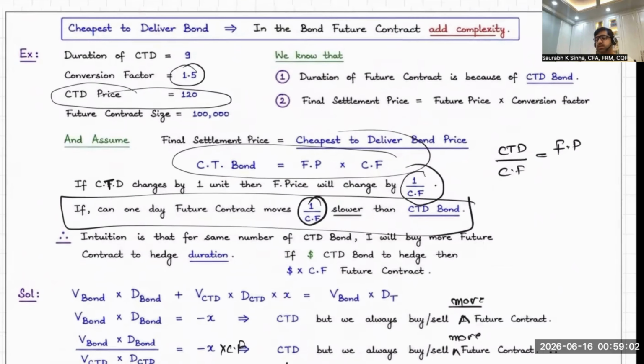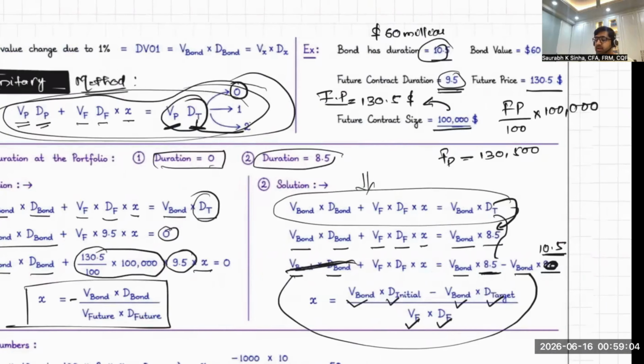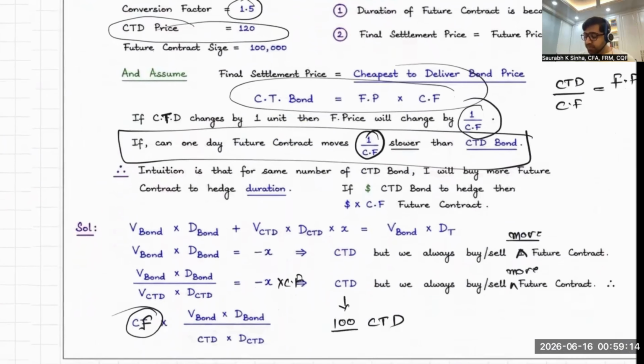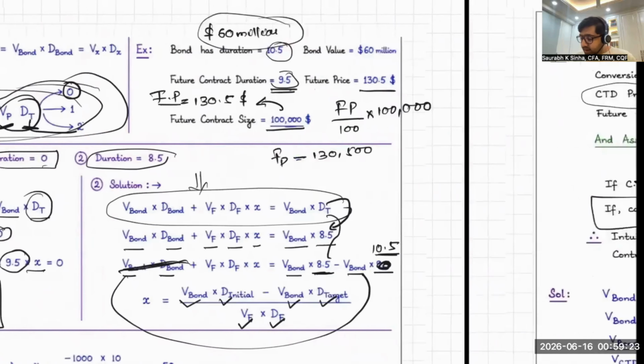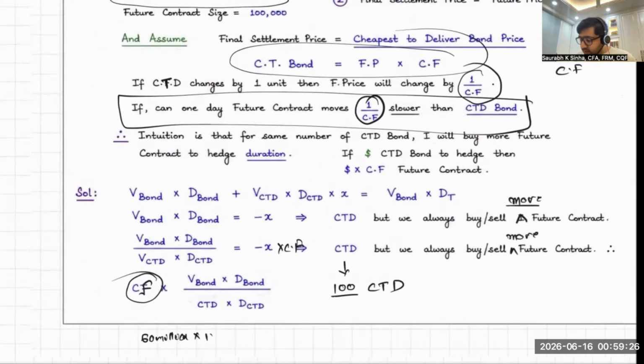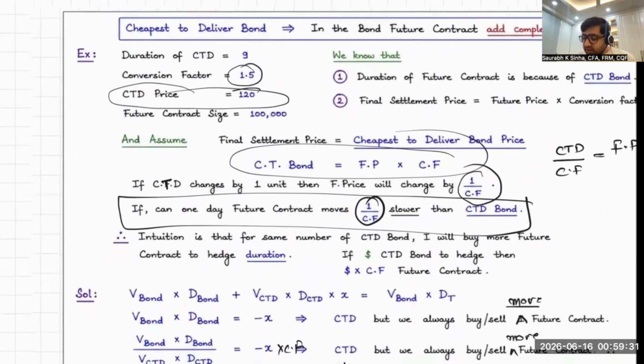Okay, so if in this question you get, say, the same bond, which has a duration of 10.5, and the value of the bond is 60 million, what will you do? You will say the value of the bond is 60 million, the duration of the bond is 10.5, plus the value of the cheapest to deliver bond, that is 120% of 100,000, because this is the quotation we discussed.